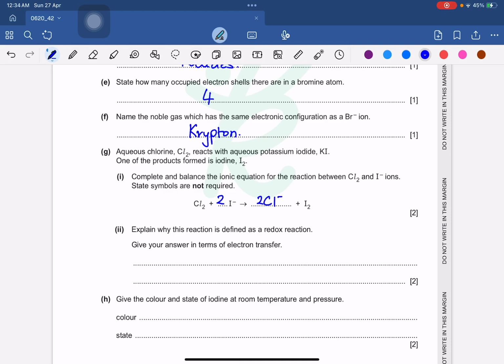Next, explain why this reaction is defined as a redox reaction. So a redox reaction is a reaction in which oxidation and reduction occurs simultaneously.